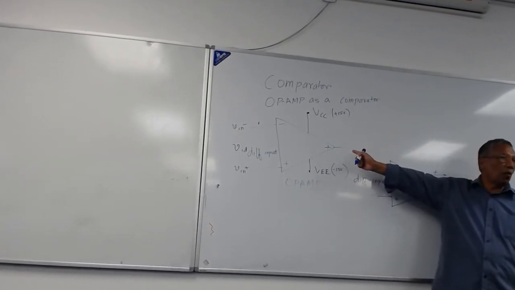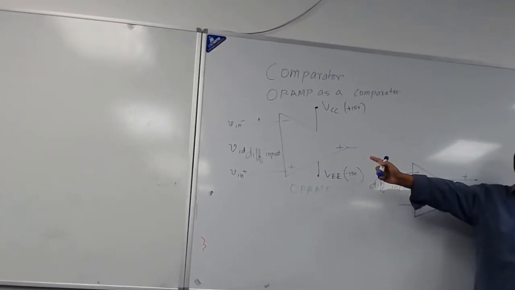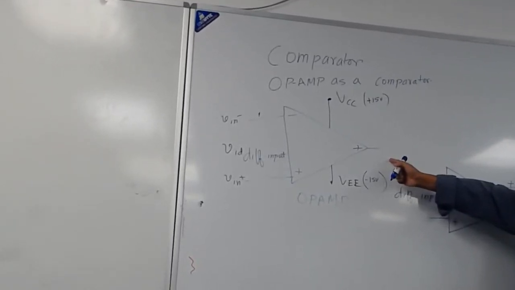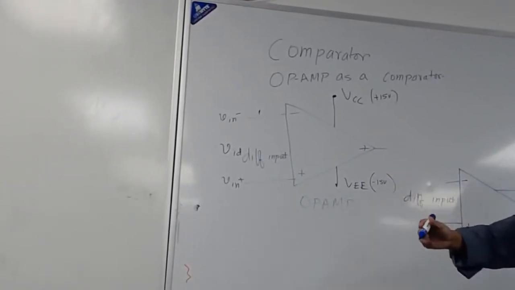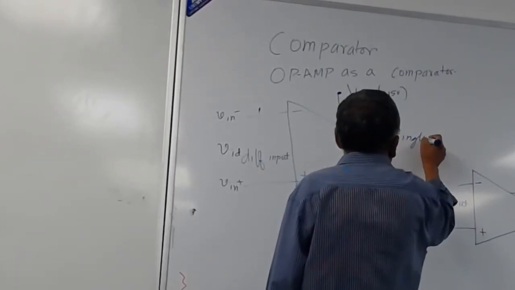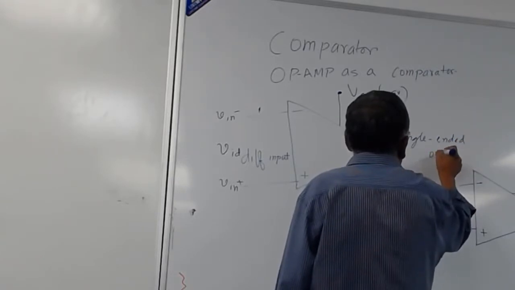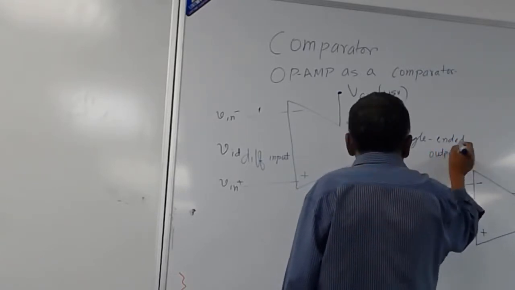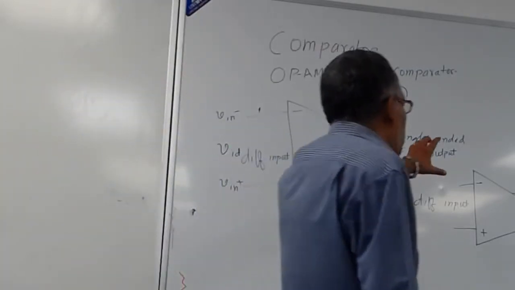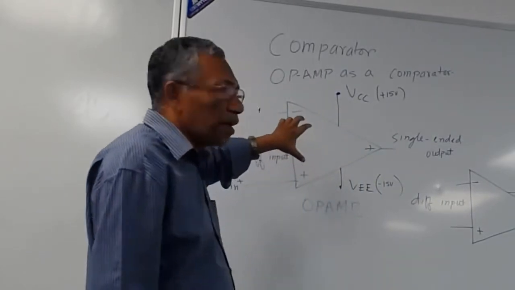So what should you call it? Single-ended out. So we are not going to work too much with this. We are going to work mostly with comparators based on one output.